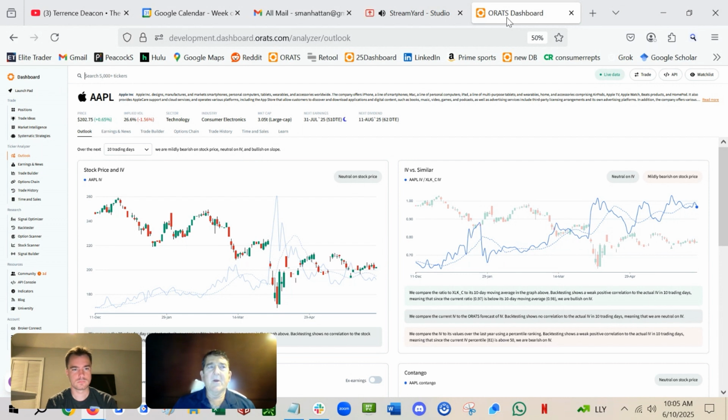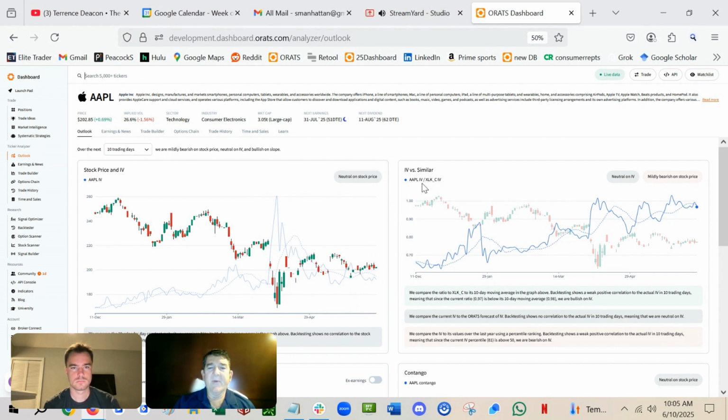So what we try to do is forecast all the parameters of the option skew, and so we utilize things like volatility. Here I have Apple. This is our Outlook page, and our implied volatility. We look at implied volatility trends for our forecast. We also look at relative.